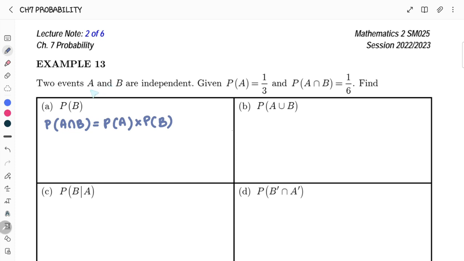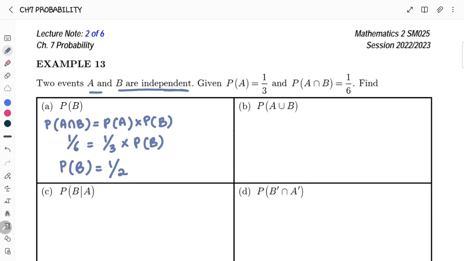Since we already know that they are independent, P(A intersect B) is equal to P(A) times P(B). Then 1/6 is equal to 1/3 times P(B). We can solve this to find P(B), which is equal to 1/2.